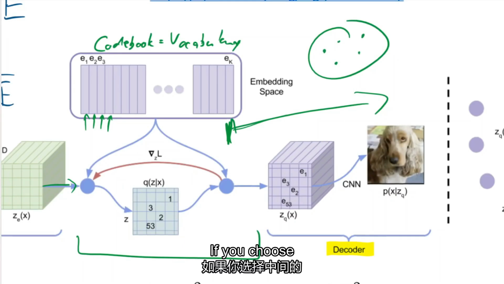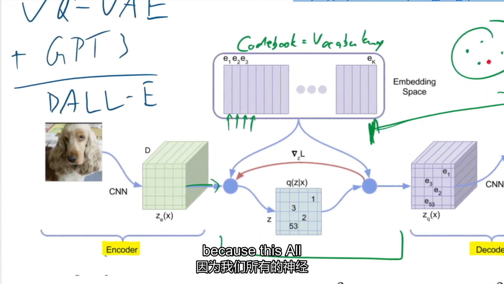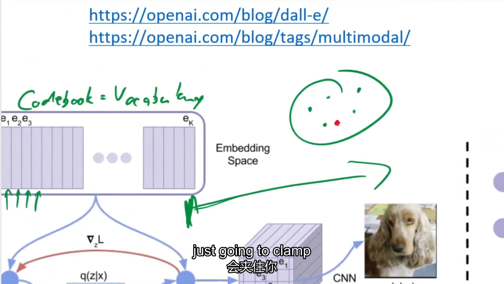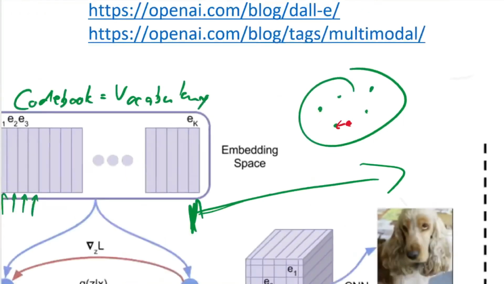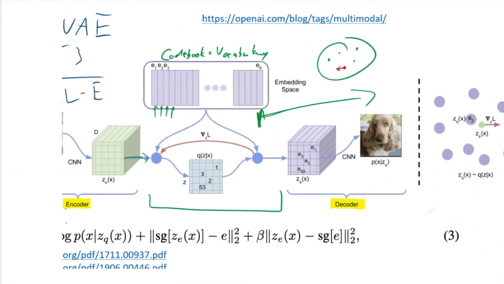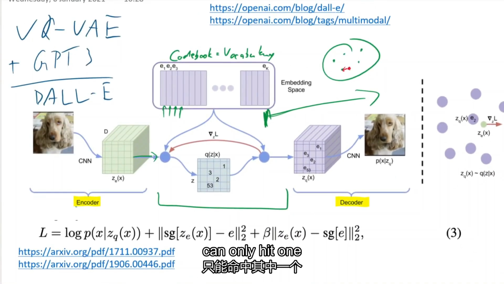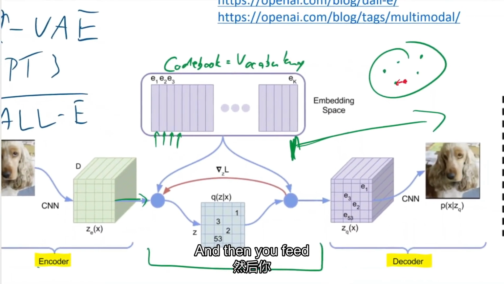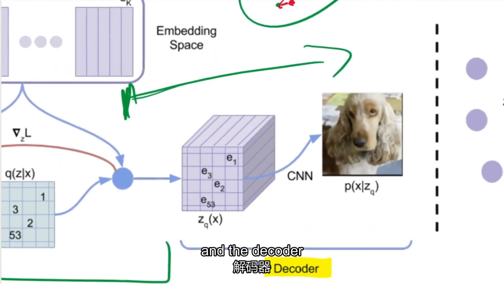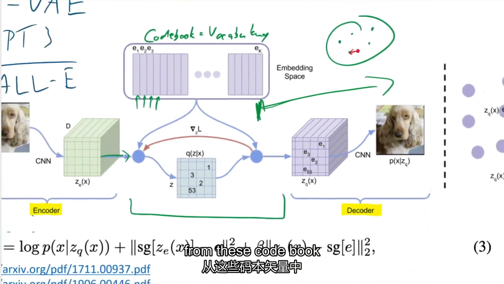And if you choose something in between, which you inevitably will, because all of our neural networks output continuous values, we're just going to clamp you. We're just going to find the nearest one in our codebook, and we'll make it such that it's as if you had output that one. So the encoder can only hit one of those codebook vectors, and then you feed these codebook vectors to the decoder, and the decoder just decodes from these codebook vectors.